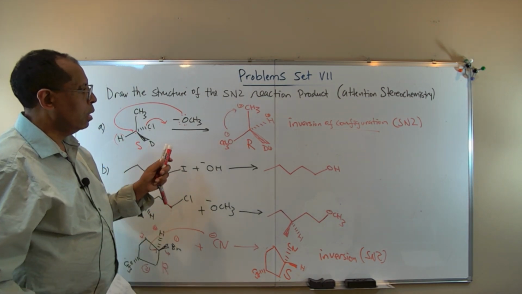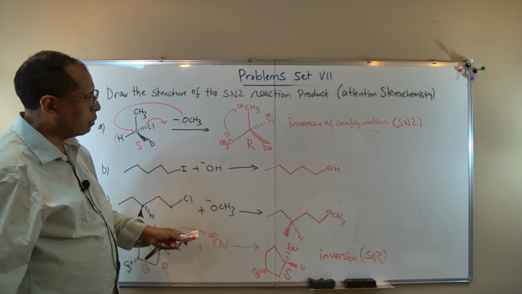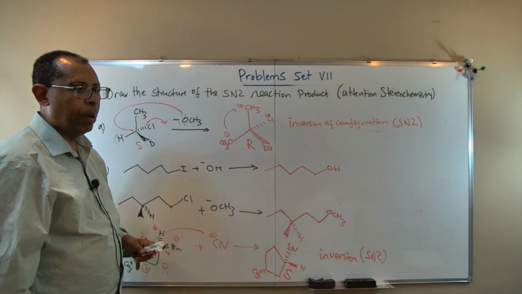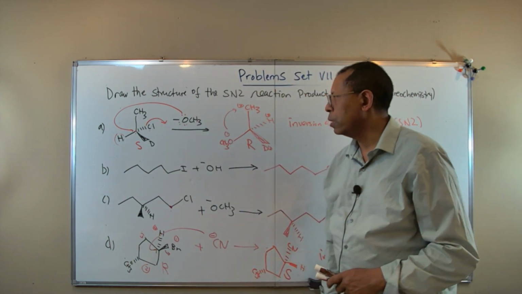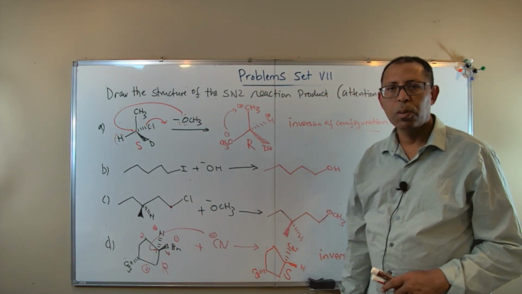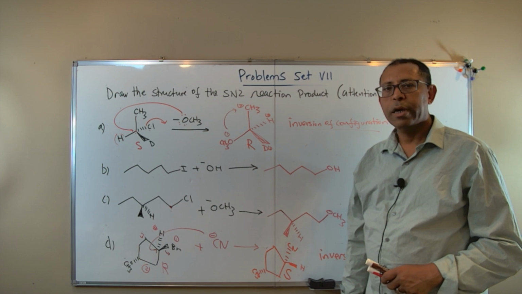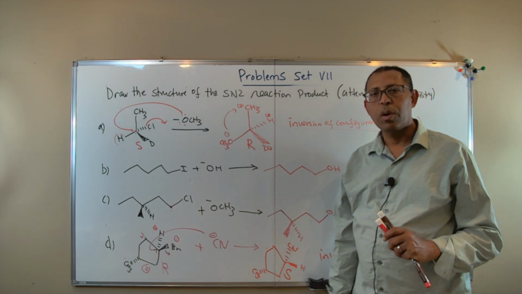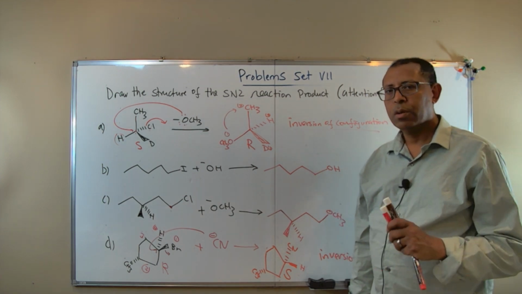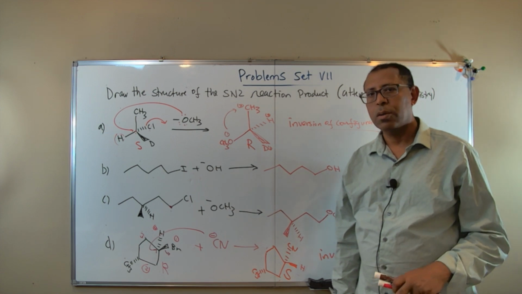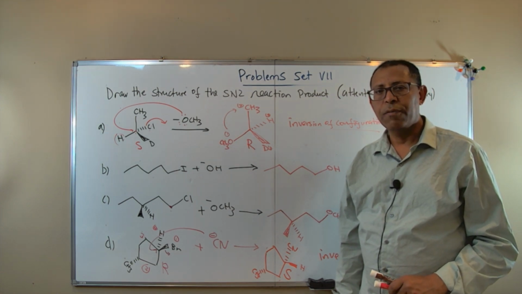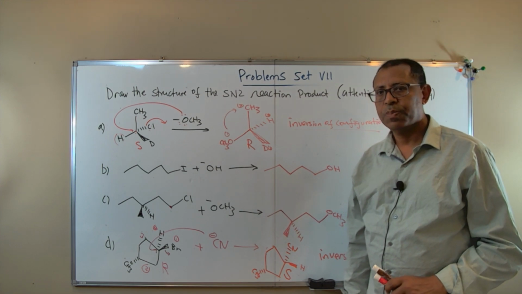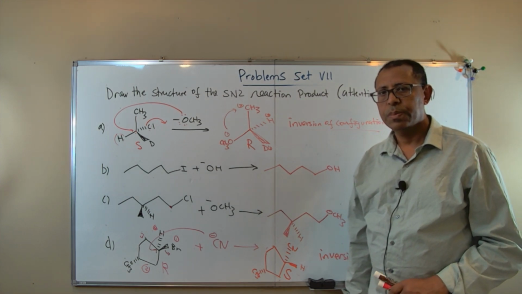So this is a very good set of questions to show you inversion of configuration. With the next video, we'll continue with more on carbocations, more SN1 reactions, solvents, and so on. That would give you a solid foundation in nucleophilic substitution reactions. Thank you.